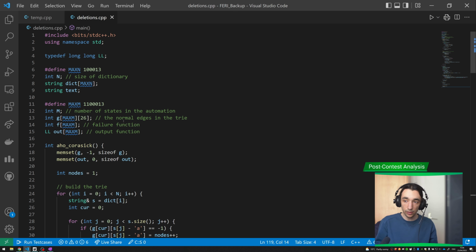And it can do this quite quickly due to the fact that Aho-Corasick is a trie in which you go down, and when you fail somewhere, you have a fail link.